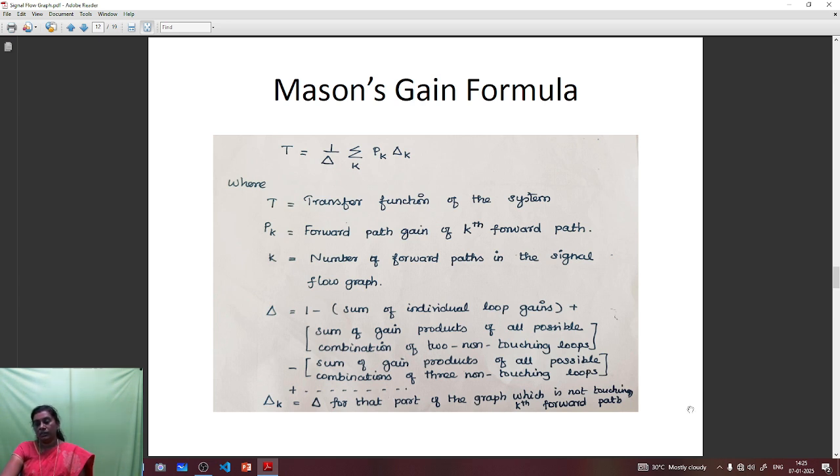It will go like that. And what del k means: it is the del for that part of the graph which is not touching the kth forward path. So it should not touch the kth forward path. For that flow graph you have to find the del. That can be represented as del k.